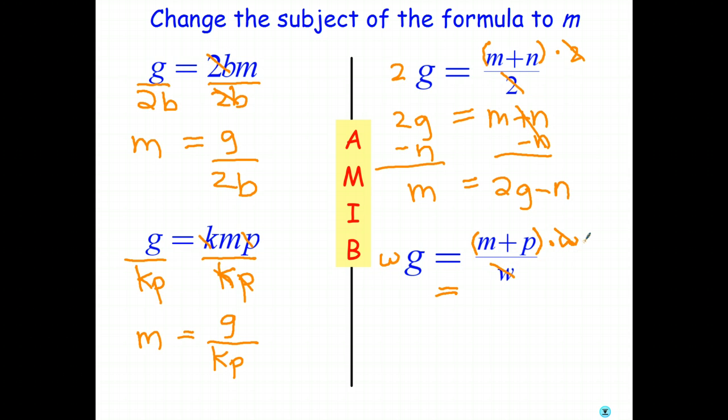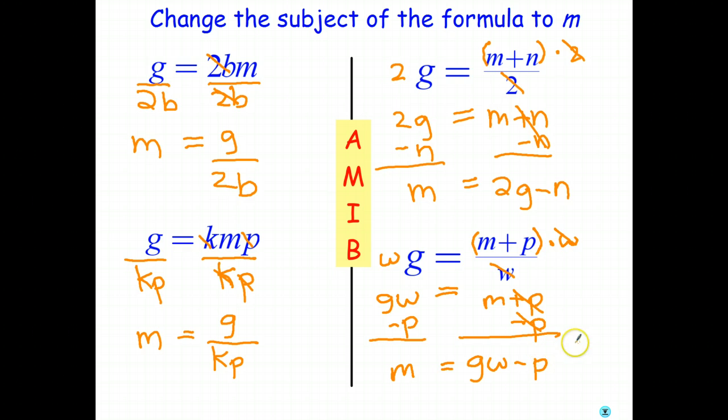These factors divide out, leaving m plus p on the right, gw on the left, always written in alphabetical order, and finally subtract p from both sides, like so. These cancel out, write the m on the left, and again we can't write this any simpler: gw subtract p. Okay, we'll leave it at that just for a short video.